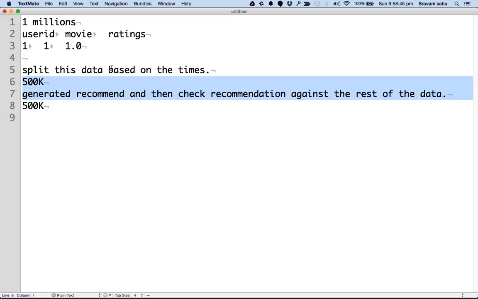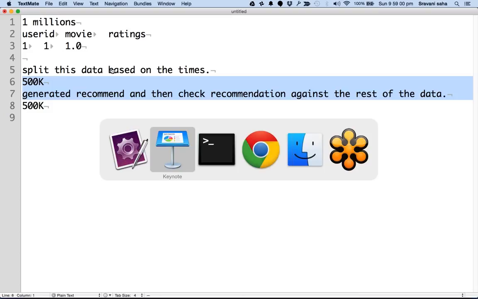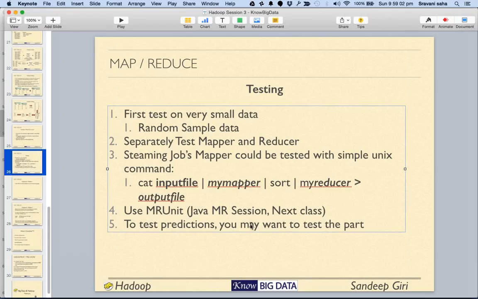Now we will do the prediction and then compare with the rest of the data after 2005 till 2015. Your program is predicting something in 2005. Did it really happen afterwards? So that's how you test predictions.